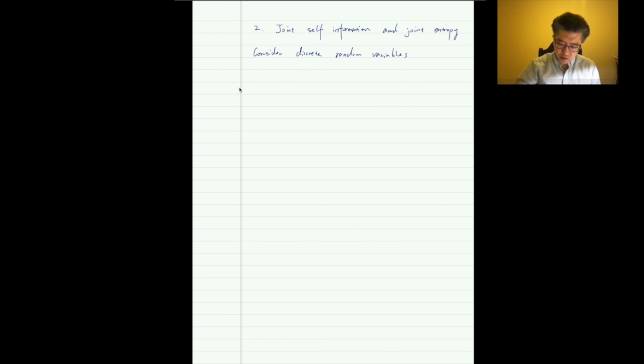We consider, let's say, two random variables X and Y. Then we assume that X and Y follow a distribution p(x,y), where X is in some alphabet and Y is also in some alphabet. This p(x,y) is nothing but the PMF of these two random variables. It's a joint distribution.